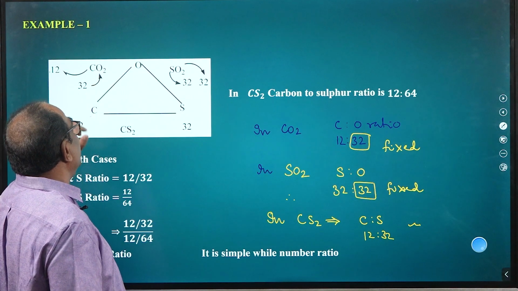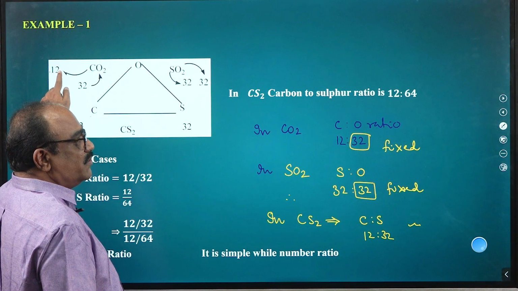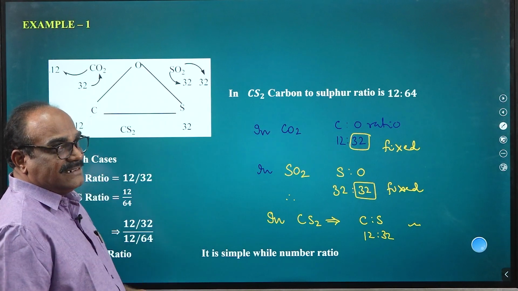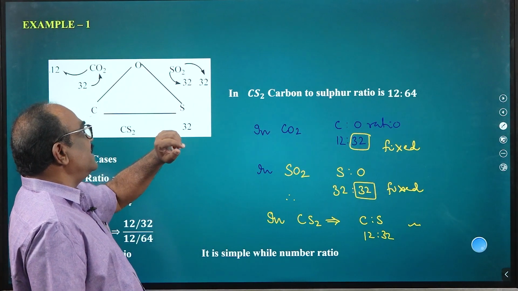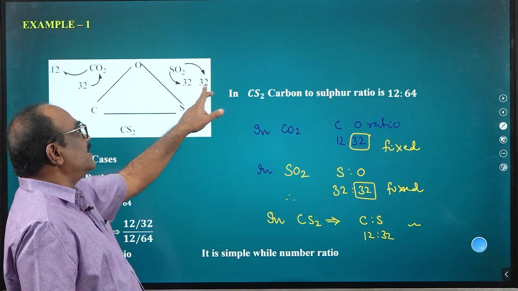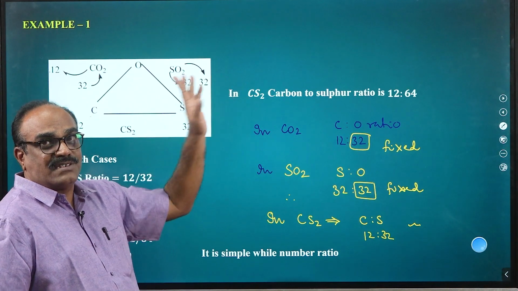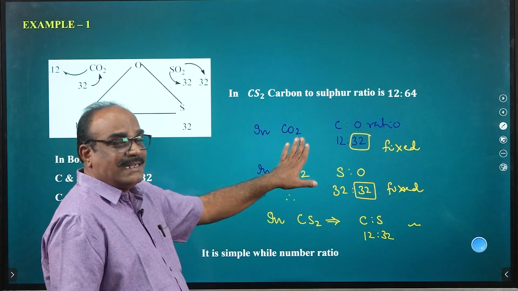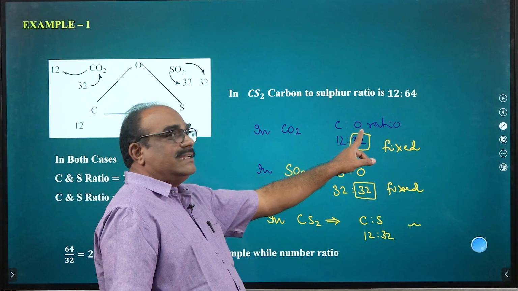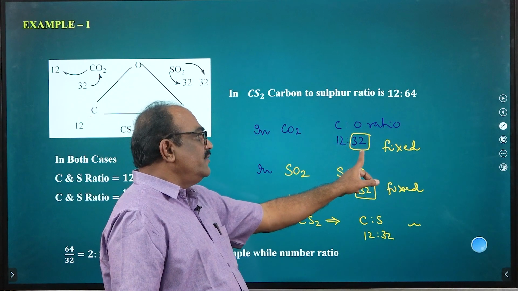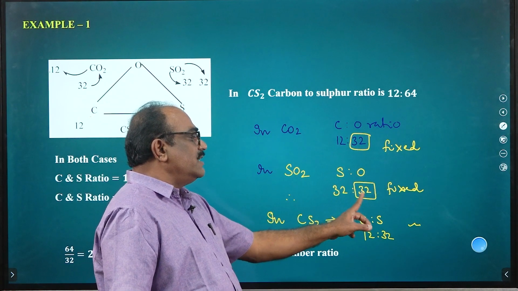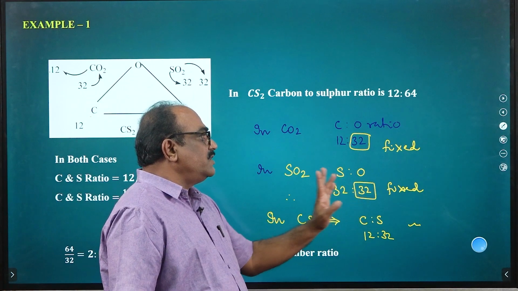In carbon dioxide, I am taking the weight ratio: 12 grams of carbon combined with 32 grams of oxygen. The same for sulfur dioxide, 32 grams of sulfur combining with 32 grams of oxygen. So, if I present this information, in carbon dioxide the carbon to oxygen mass ratio will be 12:32. In sulfur dioxide, the sulfur to oxygen mass ratio is 32:32.